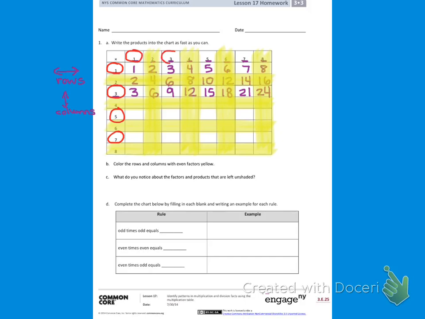These are also the factors. Those are the numbers that are multiplied together. And the products are the answers. Look at the products. Using a different color like this helps me to see exactly what I'm looking at.